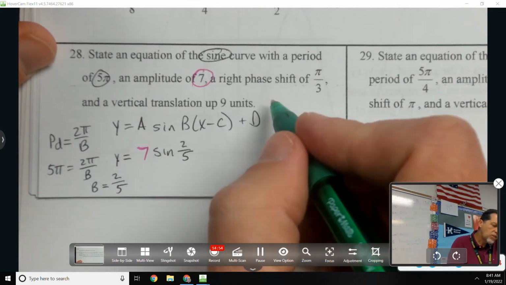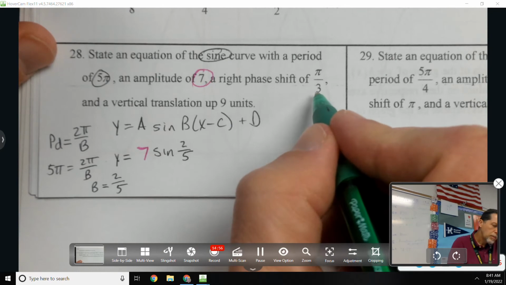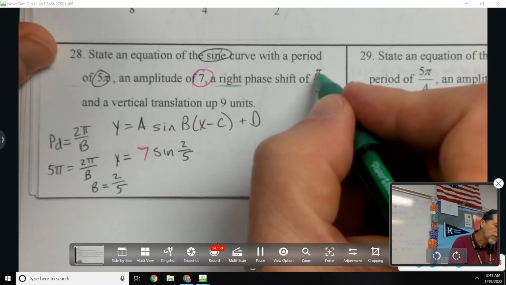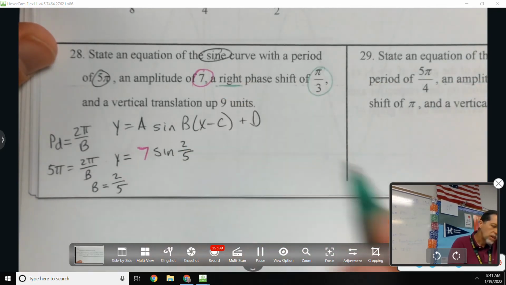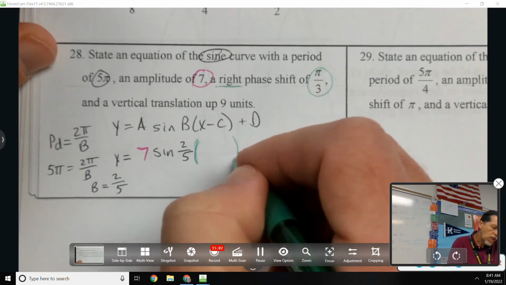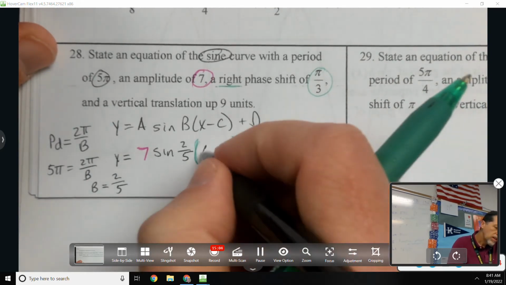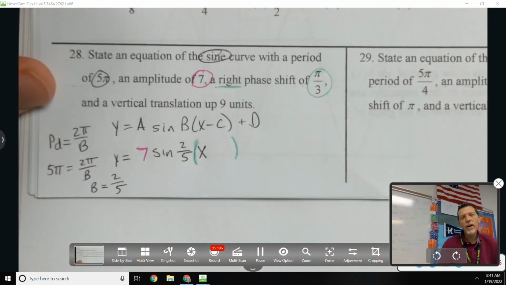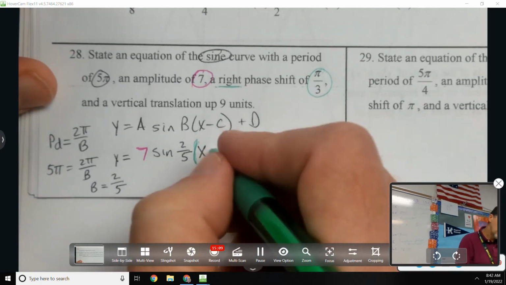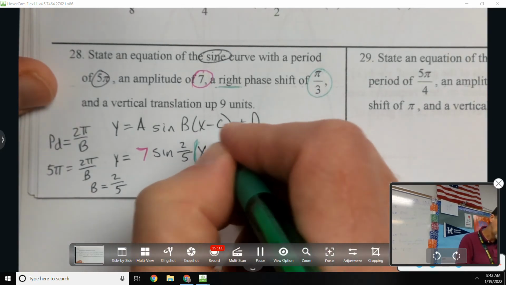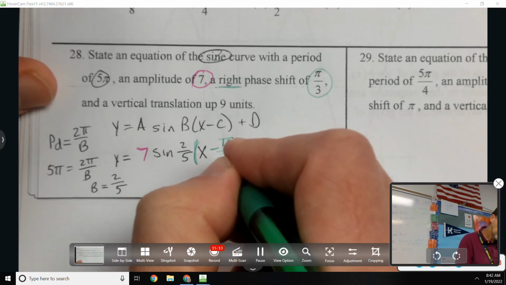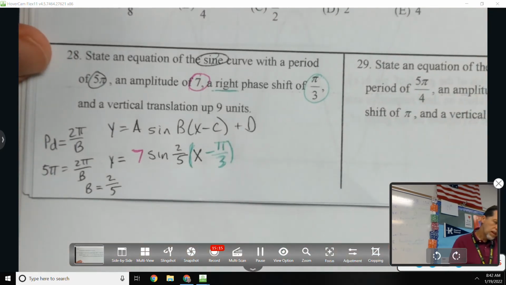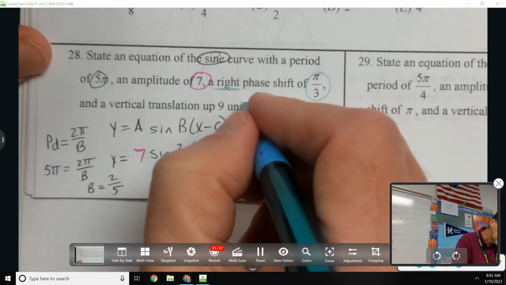A phase shift of pi over 3, a right phase shift of pi over 3. So how do I accomplish right pi over 3? Yeah, x minus pi over 3. And then a vertical translation of up 9.